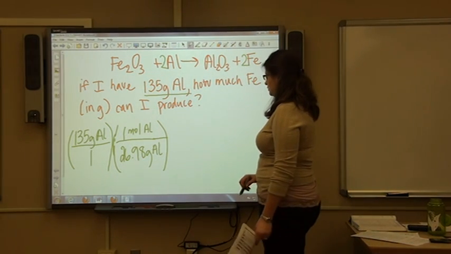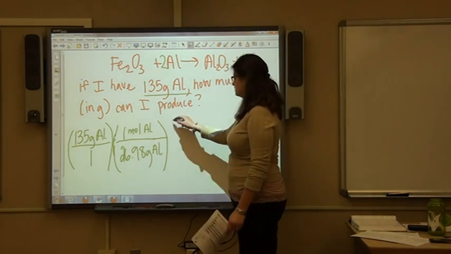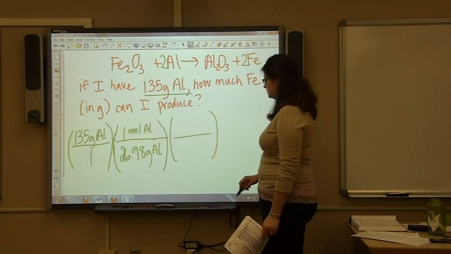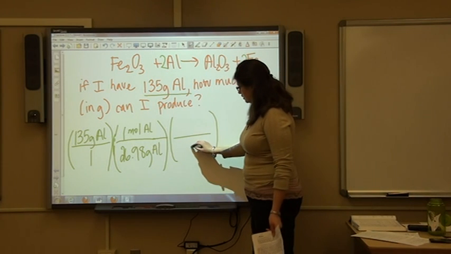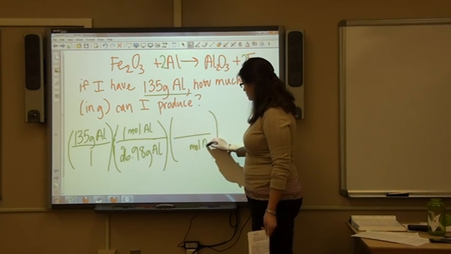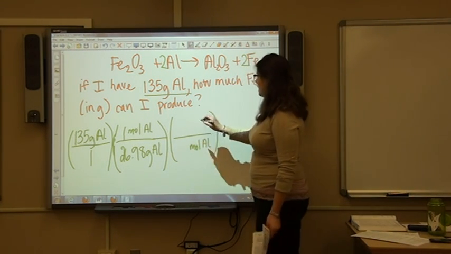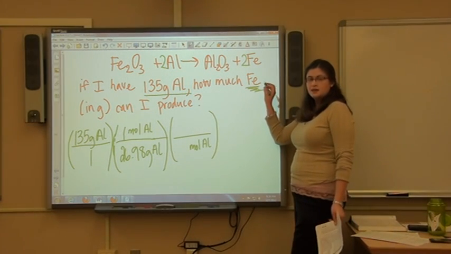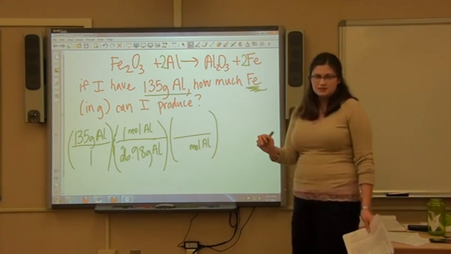Okay, what's our next step? Next step is that tricky bracket. That's where we use our stoichiometric coefficients. So moles of aluminum are going to go on the bottom, and then moles of whatever is your other species that you're looking for. This is where things get a little bit tricky.